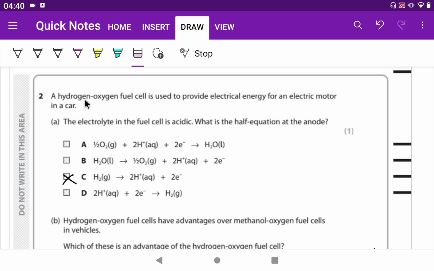Second question, a hydrogen oxygen fuel cell is used to provide electrical energy for an electric motor in a car. The first part A: the electrolyte in the fuel cell is acidic. What is the half equation at the anode? As we know, at the anode oxidation takes place.